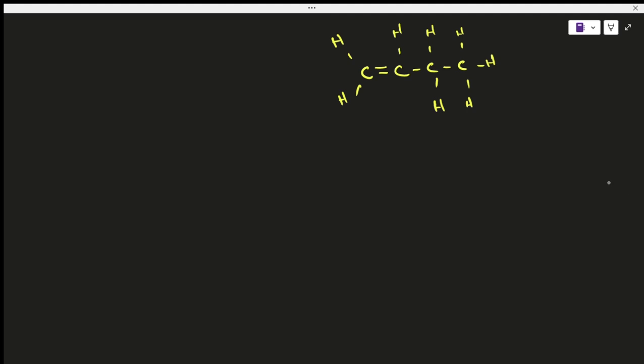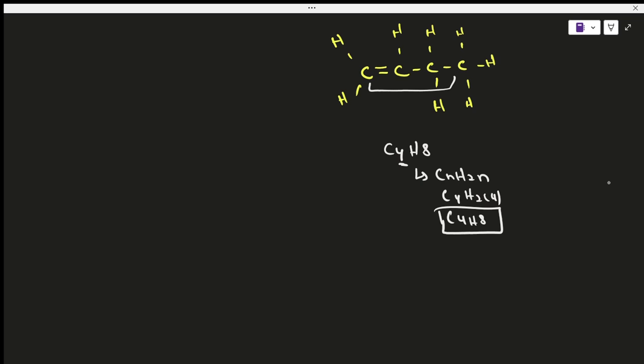Now if we were to figure out the molecular formula, that's simple. We have 4 carbons, so this is C4, and we've got 1, 2, 3, 4, 5, 6, 7, 8 hydrogens. Even if you want to check this, you can just plug the value 4 into the formula. The formula is CnH2n, so the value of n is 4, giving C4H8.